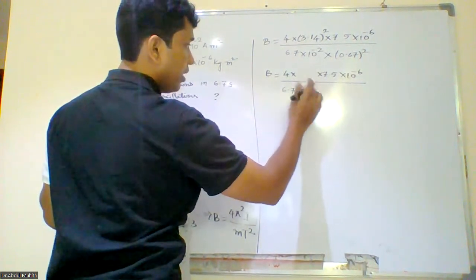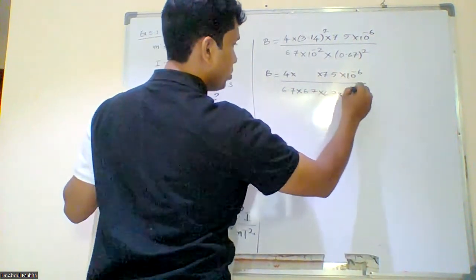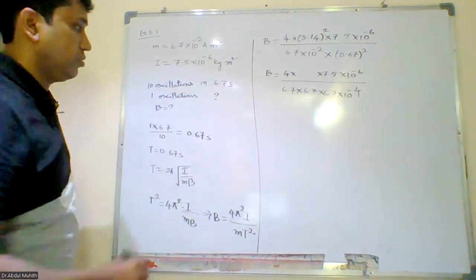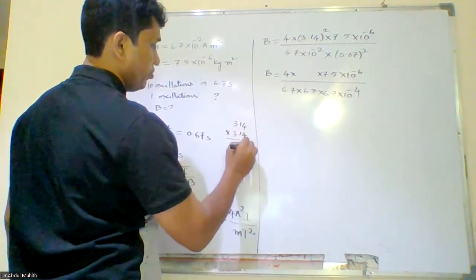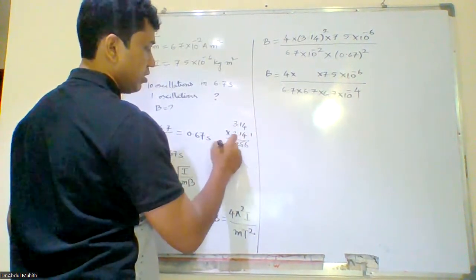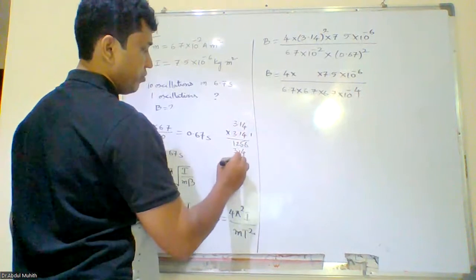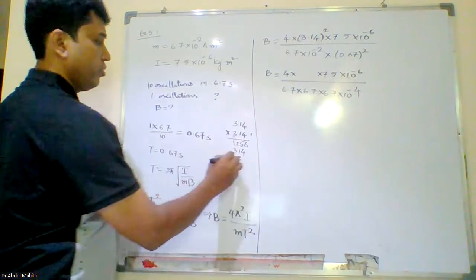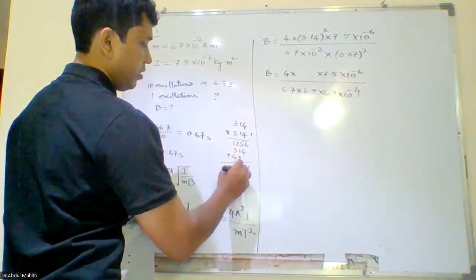Or we can write 6.7 into 6.7 into 10 to the power of -2 becomes -4. 3.14 into 3.14, how much?